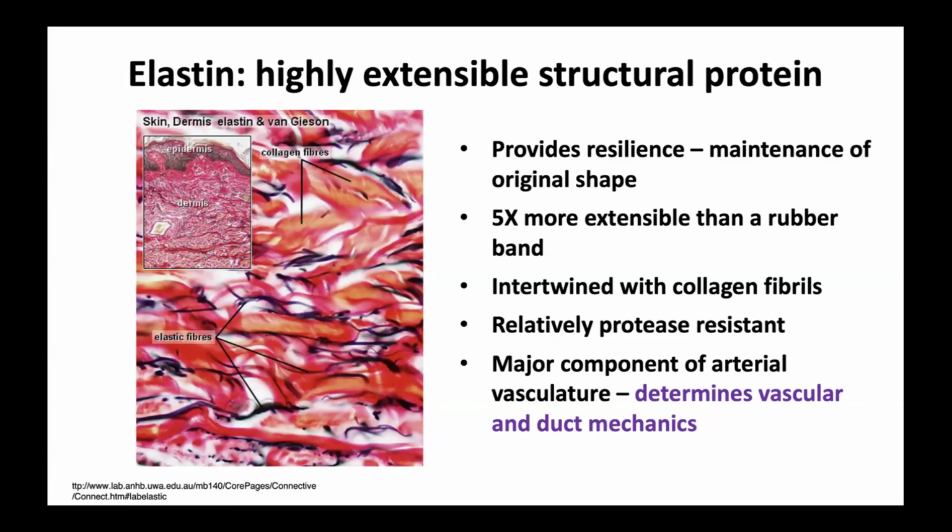The other thing is it's a major component of the arterial vasculature. You don't want your arterial vasculature to expand and then not be able to contract. That would be bad. That does occur in aging. It also is very important in duct mechanics. So when we think about the ducts of the body, elastin is very important for that.